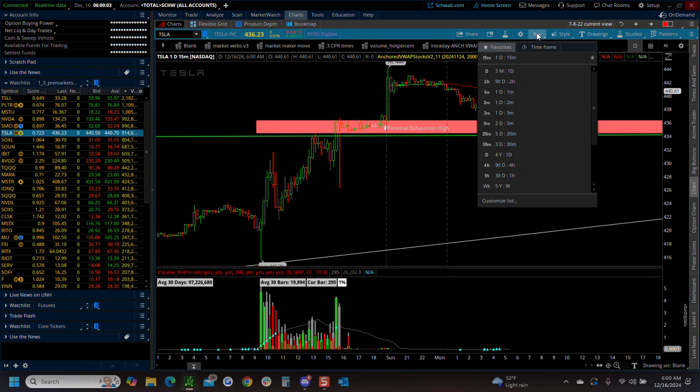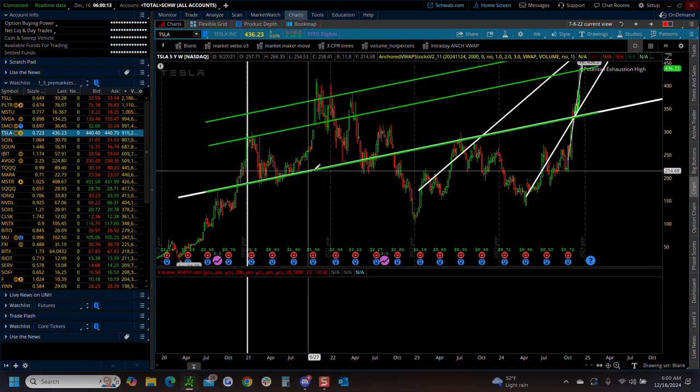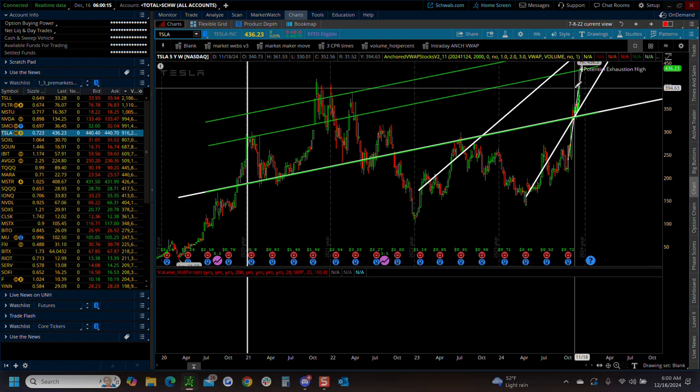If you look out here into the weekly, I was thinking that this area right here might act as resistance for a potential reset after this massive move up. It does not have to give us that at all.